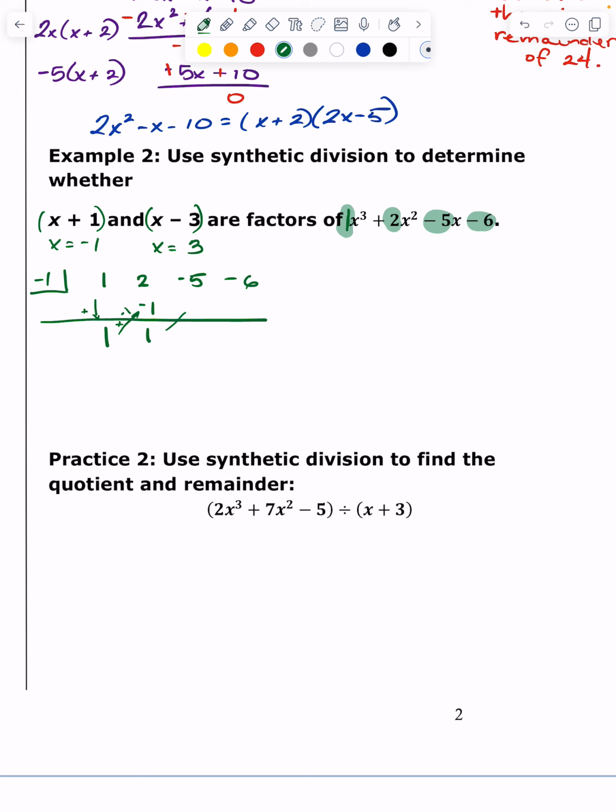Multiply across. 1 times -1 is -1. -5 plus -1 is -6. Times -1 is +6. And in my last box, which I'm going to kind of block off here, I get a 0. This is my remainder.